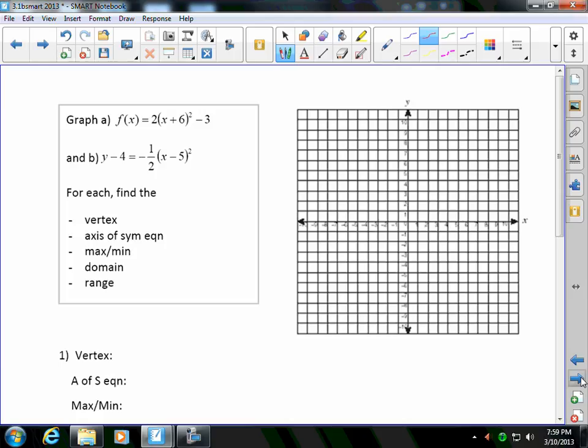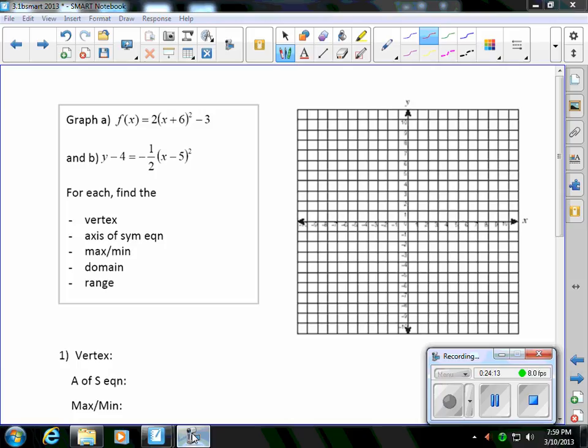So now we're going to take a look at this and put it all together. The equation says the function of x is equal to 2 times (x plus 6) all squared minus 3. You have to remember that function of x means the exact same thing as y is equal to.